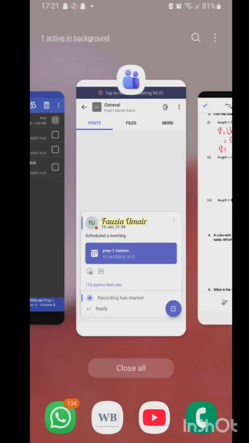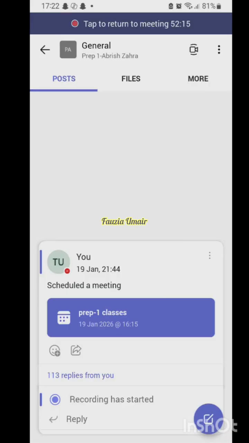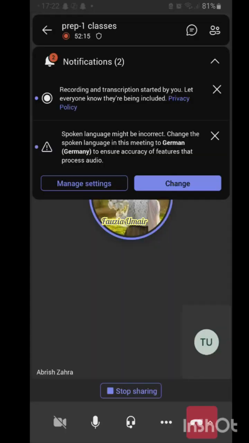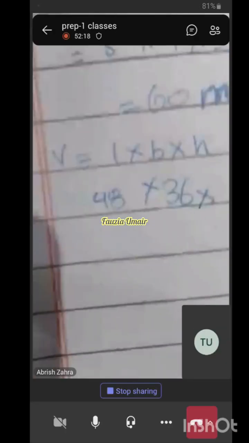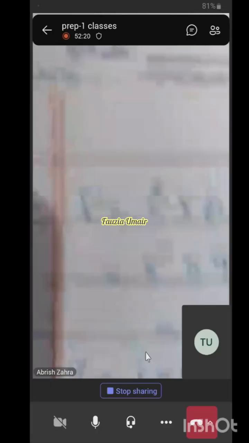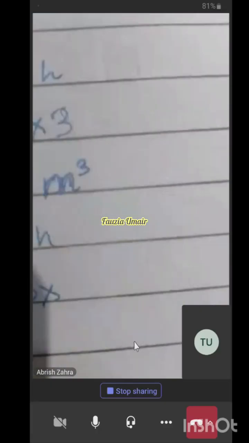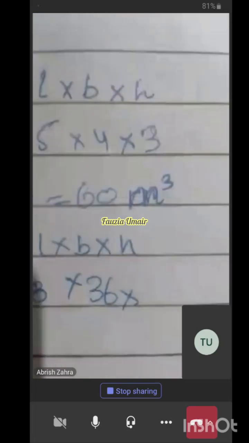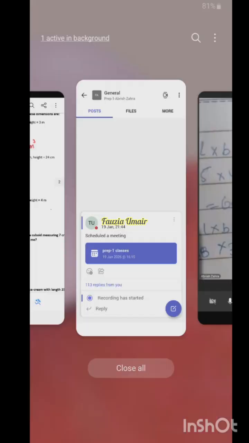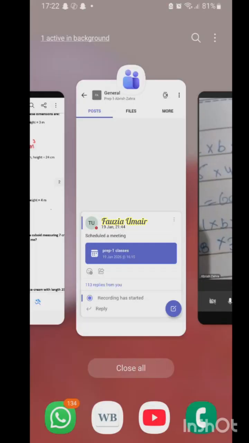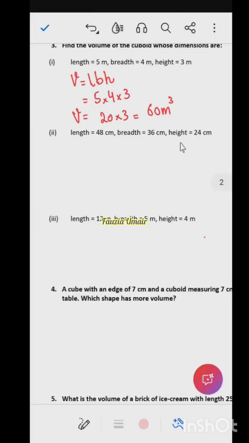Ma'am, can I have it on my camera? All right, let me open my camera. Wow, that's right. I can see that. Question is this. So height is 48, 36, and what is the height? 24. 24 is the height. Ma'am, you can solve these two right now or later on?